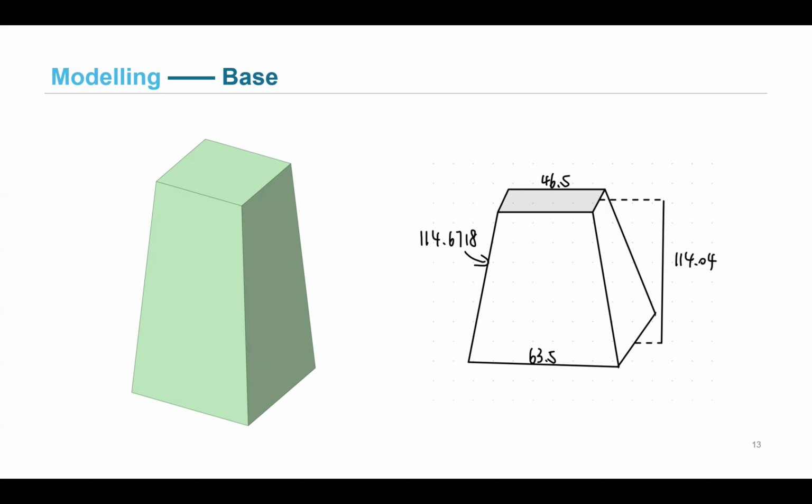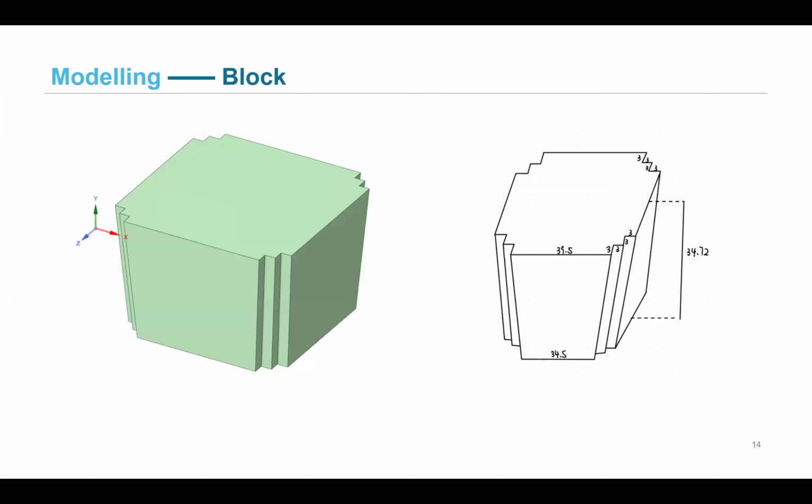Firstly, we collected the size information and built the base. The base is the shape of a frustum, a pyramid with the upper part cut off. And then we found the 27th to 91st floors are made by 8 same units.